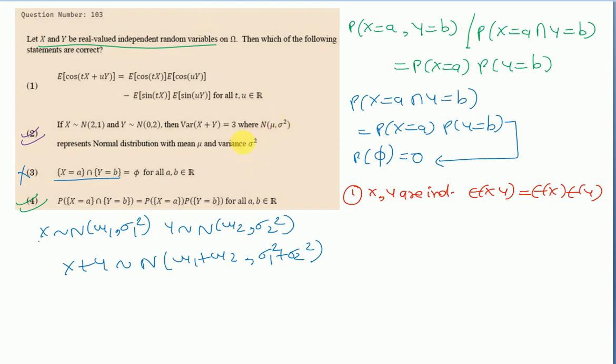And cos(a + b) equals cos a cos b minus sin a sin b.